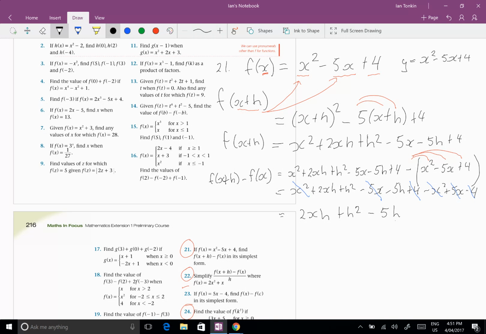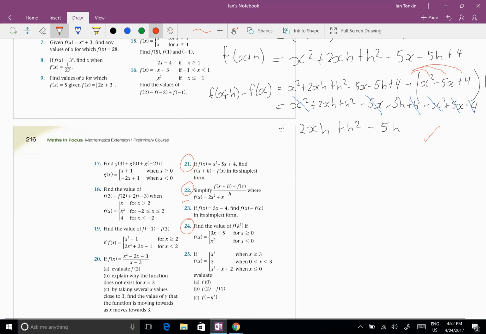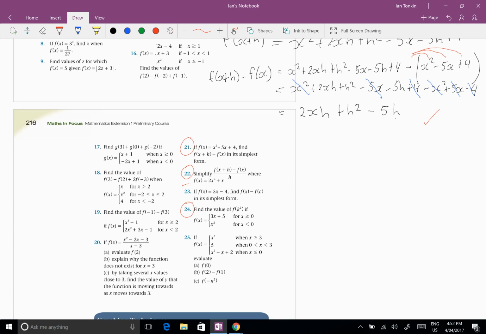And I look, and that's correct. That's it, simplified and done. So now, when you have a look at question 22, you need to do the same thing, but you've got this h on the bottom. Yes? So you're going to do exactly the same. Why don't you have a go at it before you have a look at the solution?